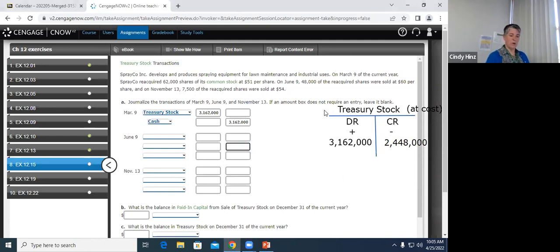So that's the amount we're going to take out of the treasury stock account, because everything gets reported in that account at cost. Our cost is $51.